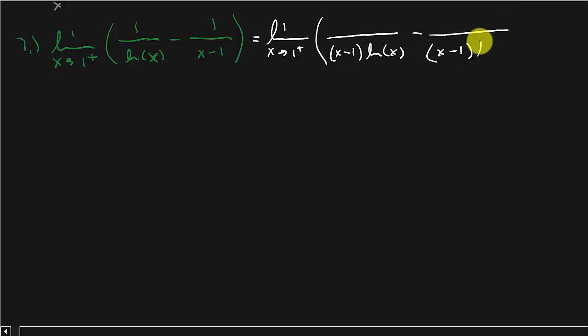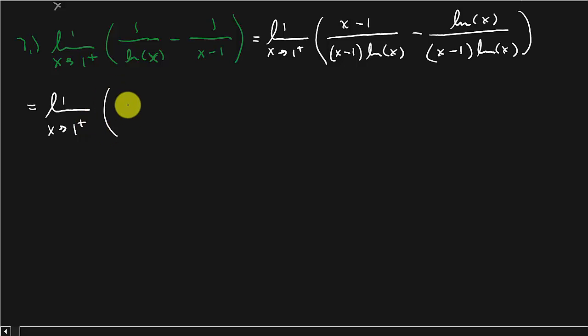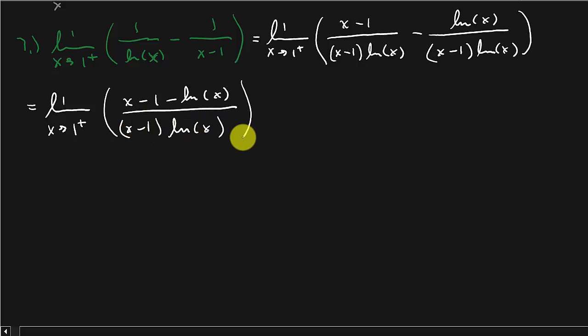And so this one's going to be x minus 1, and this is going to be natural log x. And so that's going to be the limit as x goes to 1 from the right of x minus 1 minus natural log x over x minus 1 times natural log x.